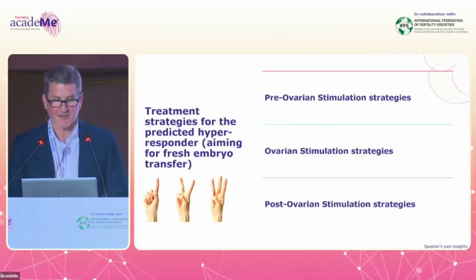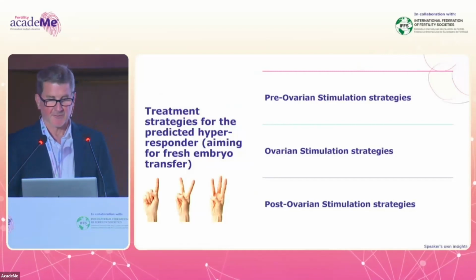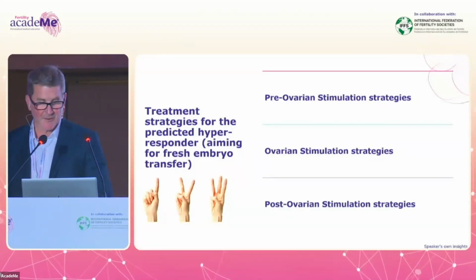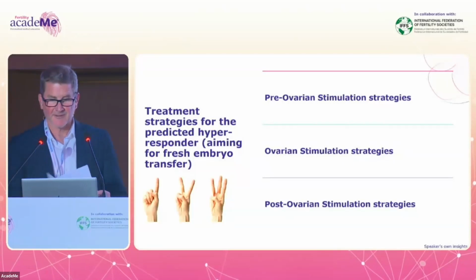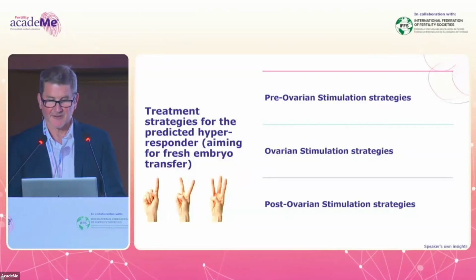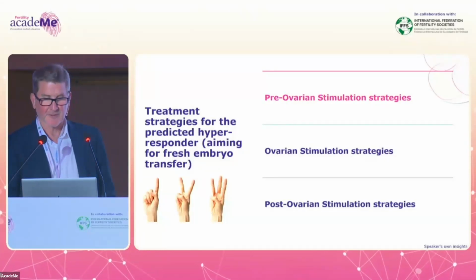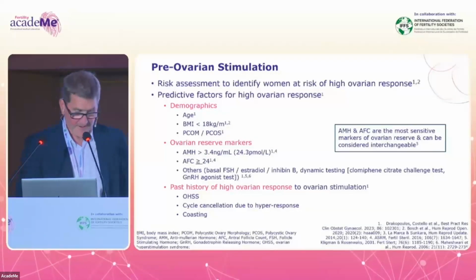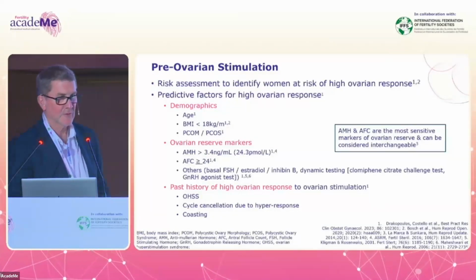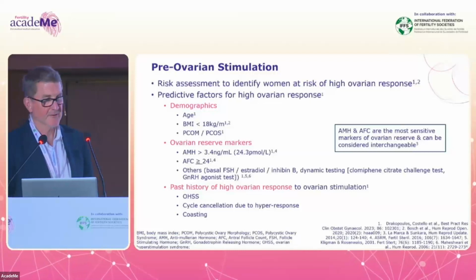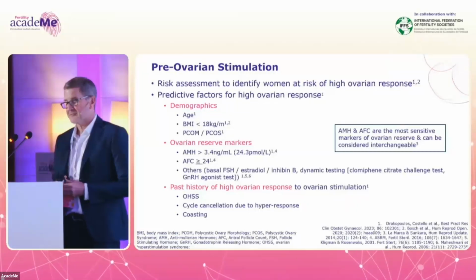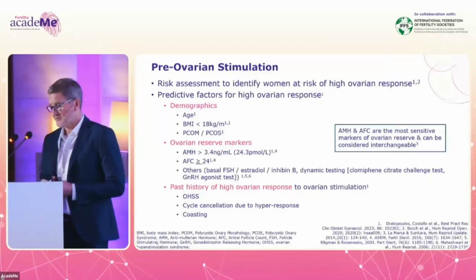So what are the treatment strategies for the predicted hyperresponder where we're aiming for a fresh embryo transfer? Well, there's pre-ovarian stimulation strategies, there's ovarian stimulation strategies, and there's post-ovarian stimulation strategies. Looking at pre-ovarian stimulation strategies, we first of all can do a risk assessment to identify women at risk of high ovarian response.